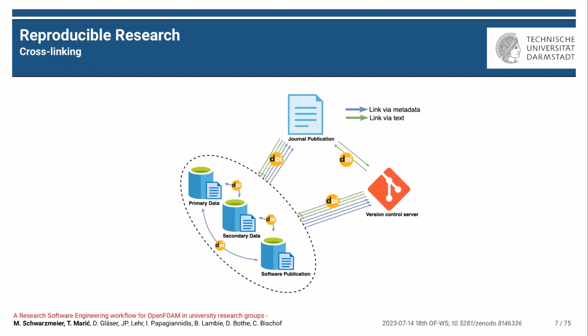You write your journal publication, and you have your code and you have data. So in the journal publication, link to your code that is in some Git repository, and also link to the archives. In these archives, depending on your use case, you might upload the primary data, so really the output from OpenFOAM, the secondary data, meaning the graphs and pictures, and the values of these pictures also.